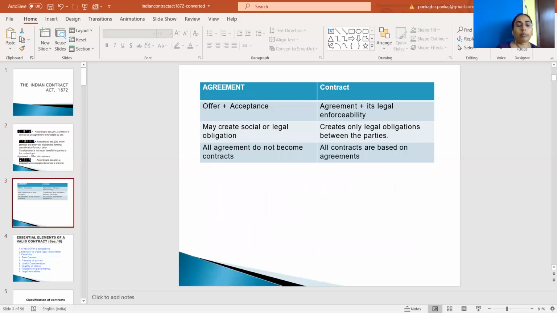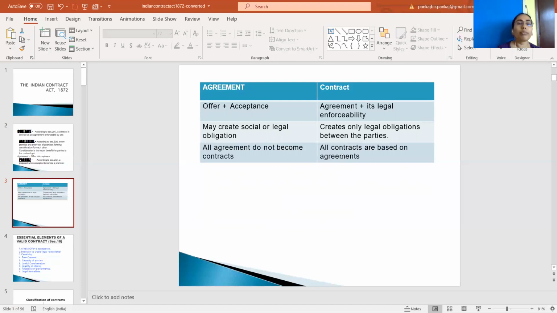At times it is asked what the difference is between an agreement and a contract. On the basis of the definition, it is clear that an agreement is offer plus acceptance, whereas a contract is an agreement and legal enforceability. So an agreement can create a social or a legal obligation, but a contract creates only legal obligations.